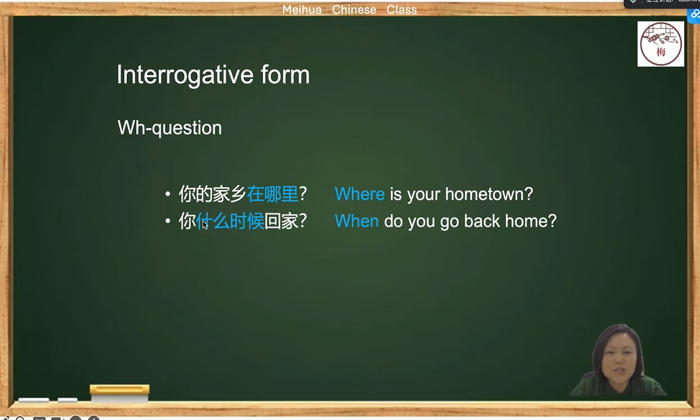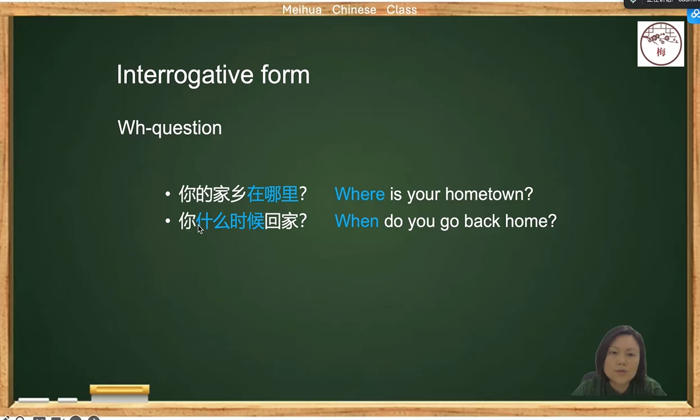你什么时候回家? 什么时候 means when. Actually in Chinese, the adverbial comes before the verb, before the predicate.